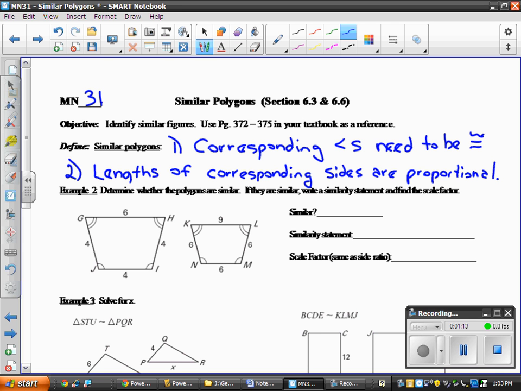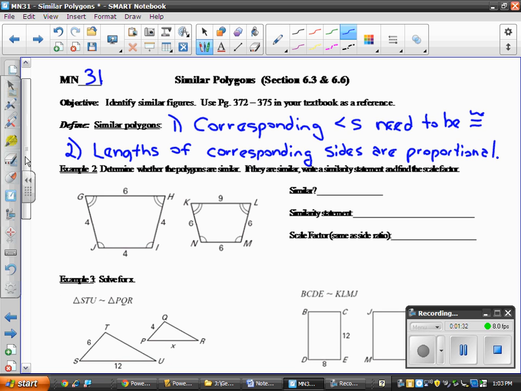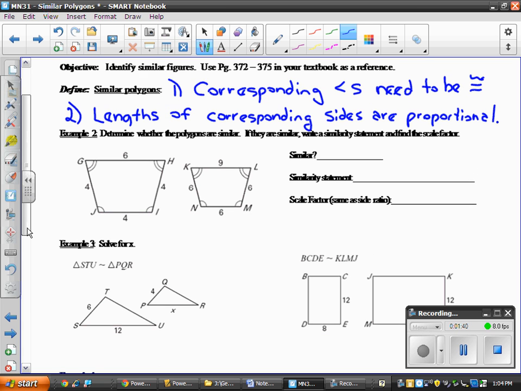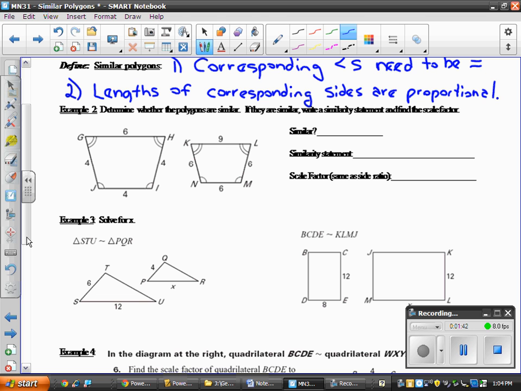And a lot of times when I hear that, I think about when I'm either enlarging or reducing a piece of paper in a copy machine, or the movies like Honey, I Shrunk the Kids, or the little mini-me. You're talking about either shrinking or enlarging something, and that means that it's proportional. The side lengths are clearly not the same measure, but they're proportional, while the angles inside the shape are congruent, the corresponding angles.